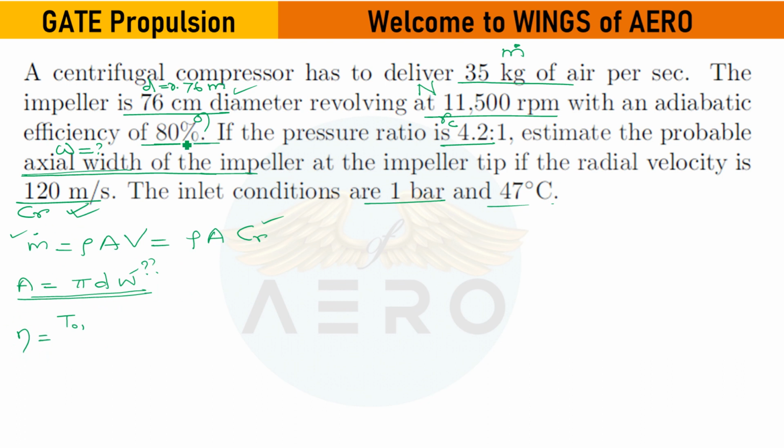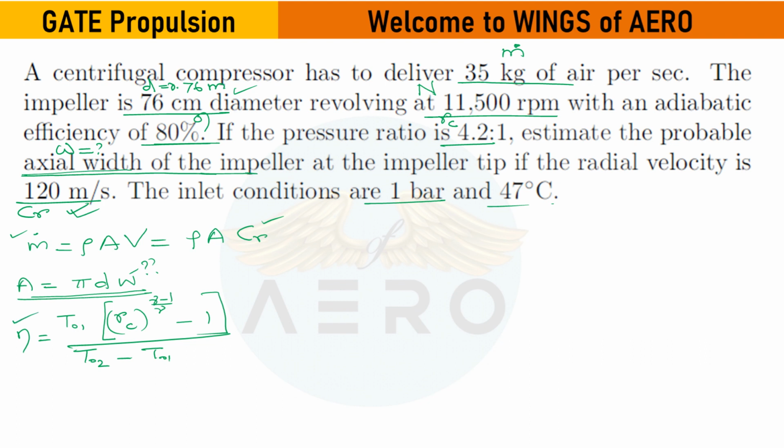So the efficiency formula is T naught 1 times RC to the power gamma minus 1 by gamma, minus 1, over T naught 2 minus T naught 1. From the given data, efficiency is given.